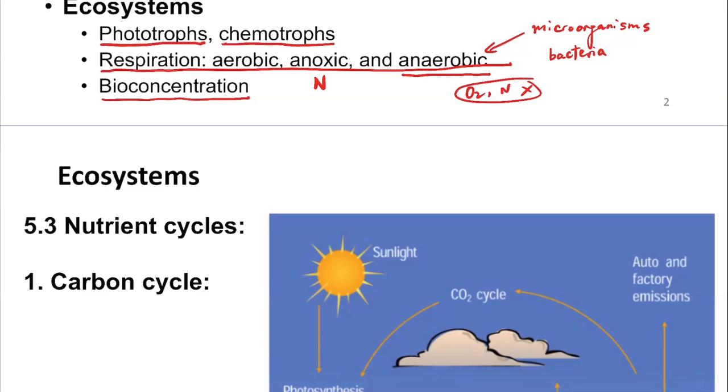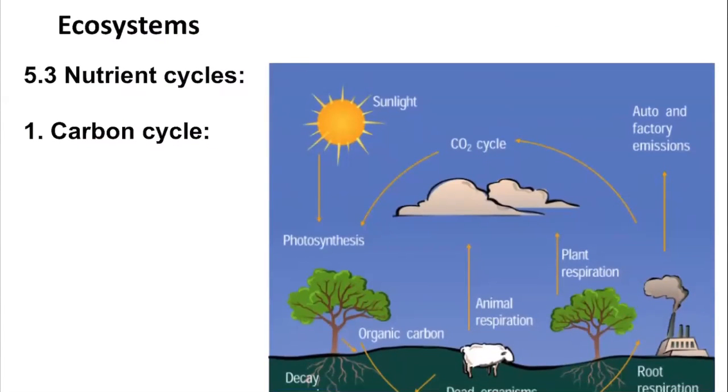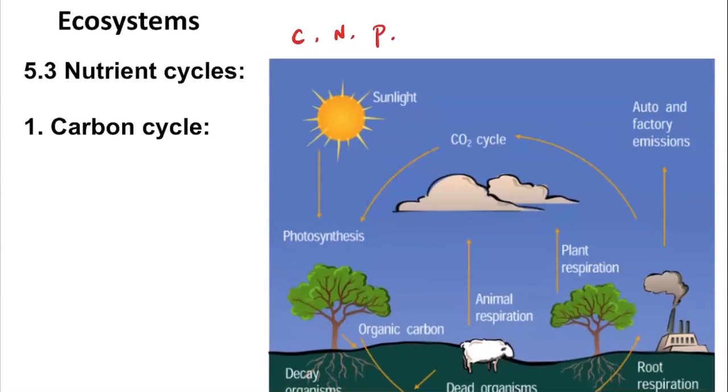All right. So we spent a little bit of time at the end of last class talking about the nutrient cycles. Generally, we're interested in carbon, nitrogen, phosphorus, right? And then sulfur, okay? So the carbon cycle was quite straightforward.